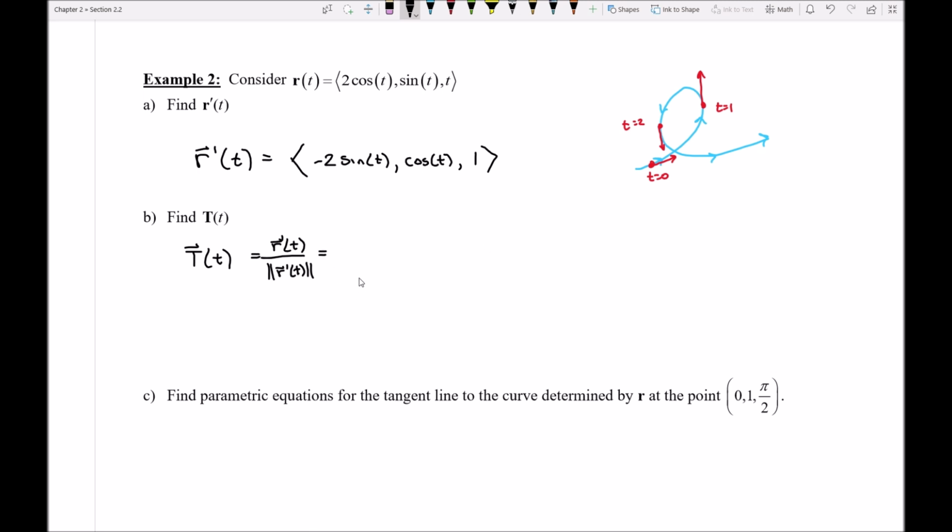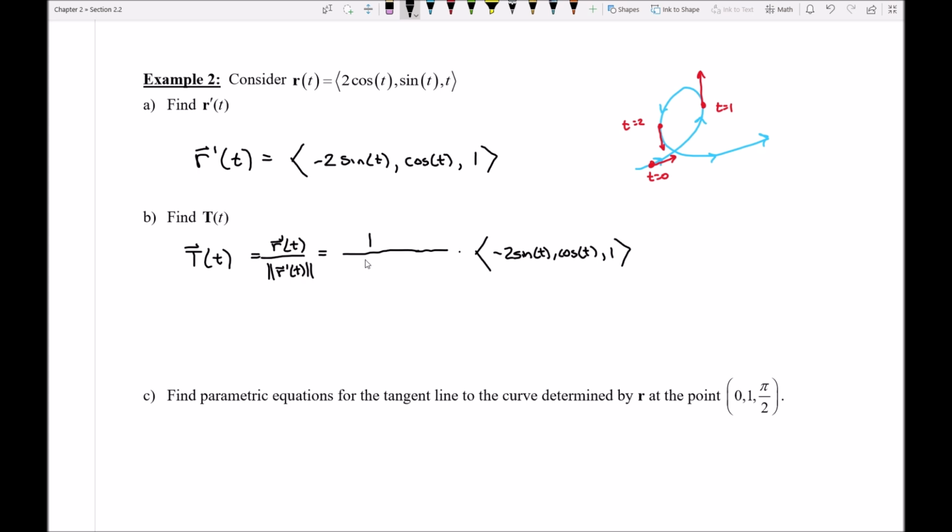I'm going to write the norm of r prime underneath this fraction, and then multiply by the r prime of t that I had over here at the side, just so it's easier to see the two pieces that are happening here.